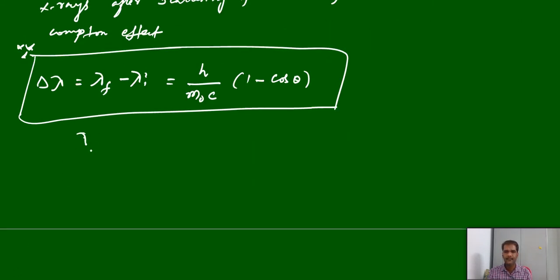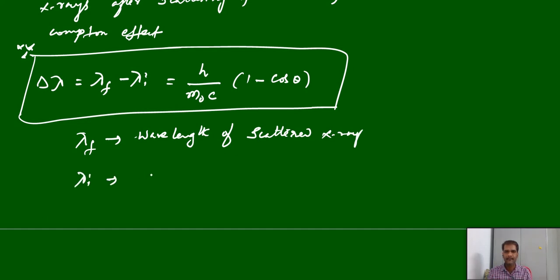So here lambda f is the wavelength of the scattered ray, and lambda i is the wavelength of the incident X-ray.